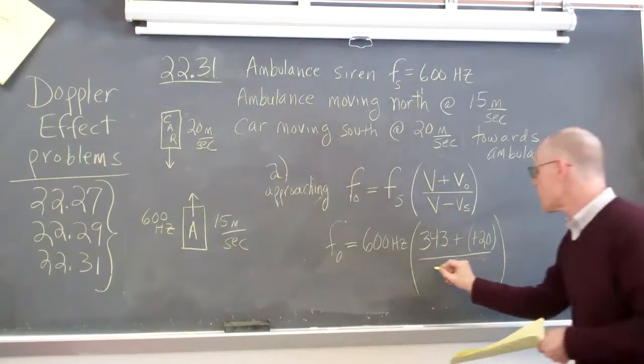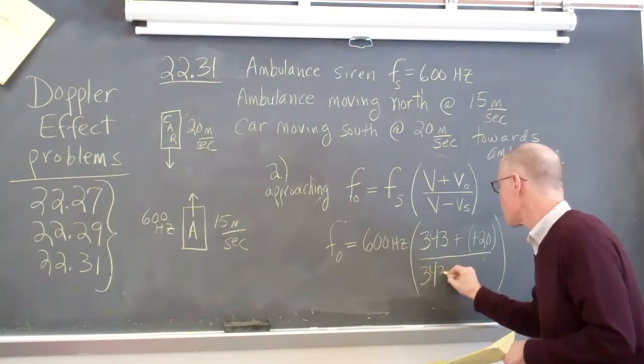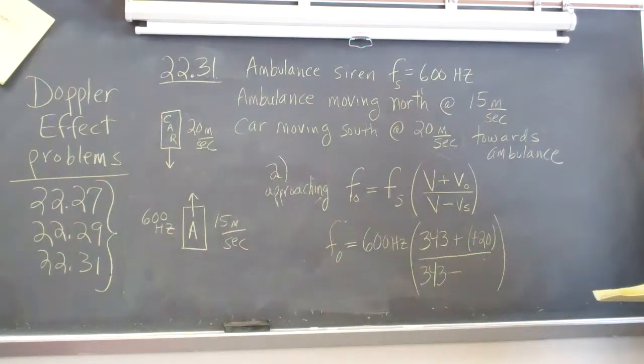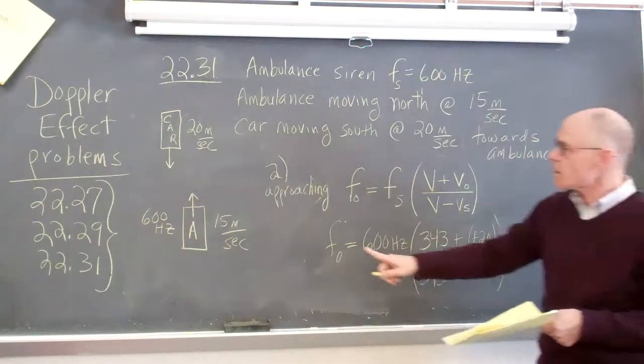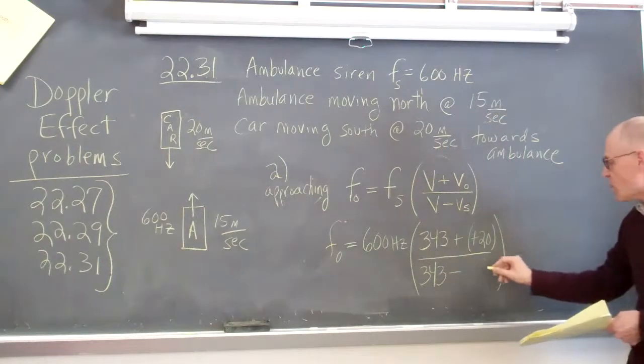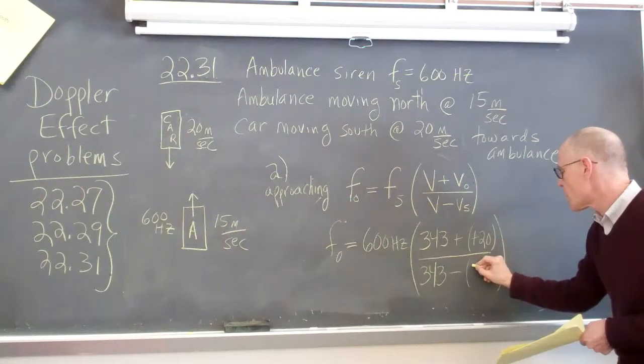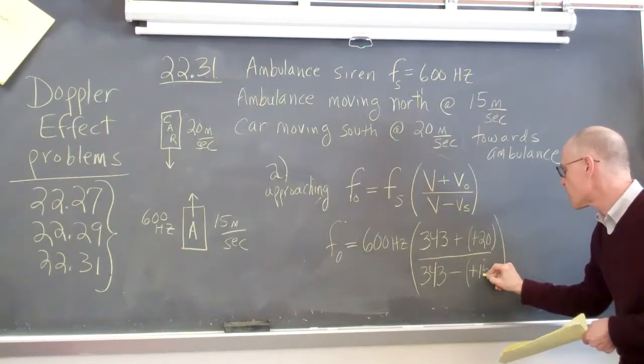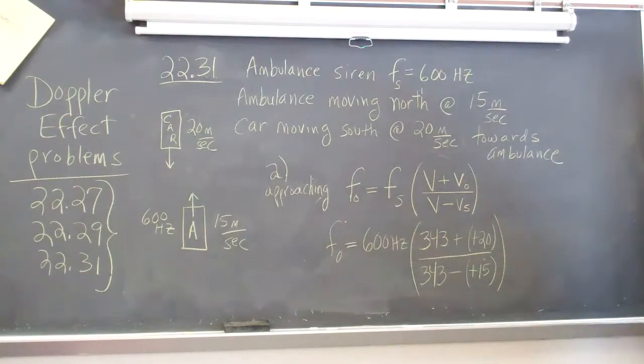And in the denominator we have 343 minus, and we also have a situation where the ambulance is approaching the observer at 15 meters per second, so that would be minus a positive 15 meters per second.